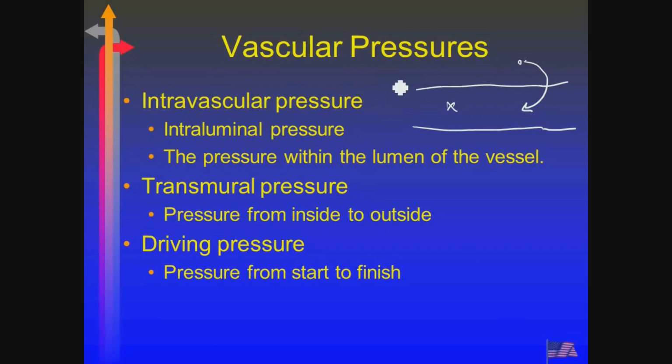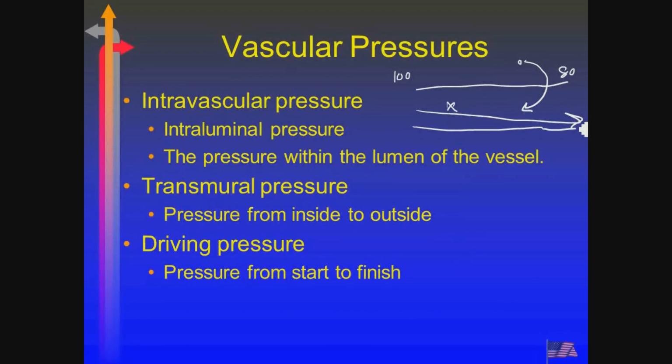We can also talk about a driving pressure that moves the blood in some direction. No pressure differential, no blood flow. Same as airflow. It has to have a difference between a high and a low pressure.